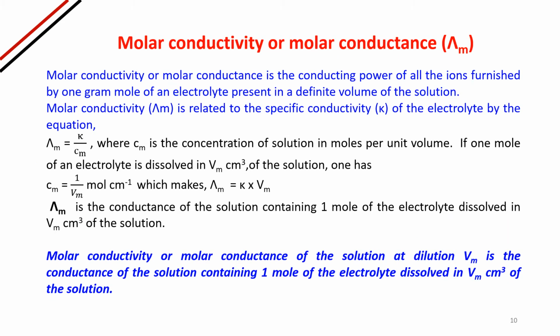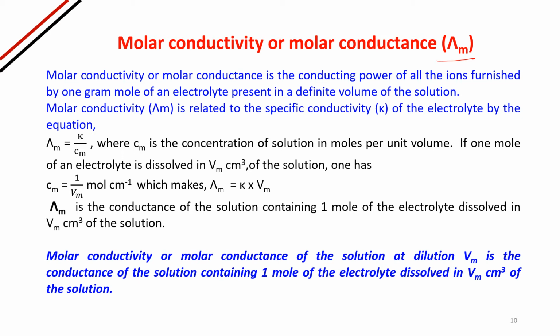Next is molar conductivity or molar conductance, which is denoted by the symbol lambda m. It is just similar to equivalent conductance or equivalent conductivity. What is equivalent conductance? Equivalent conductance is the conducting power of all the ions furnished by 1 gram equivalent of an electrolyte present in a definite volume of the solution. Remember that. We have already done it.